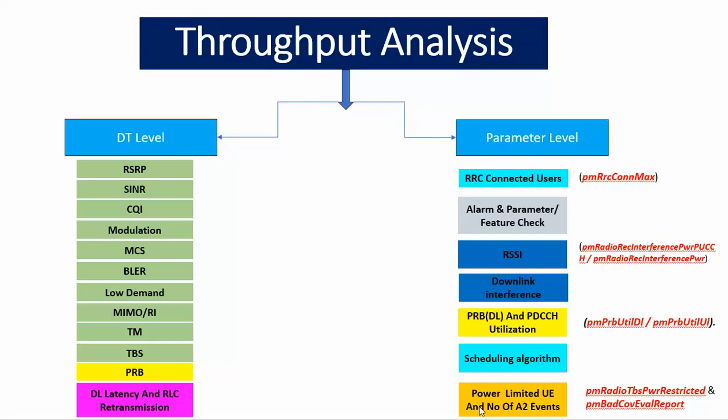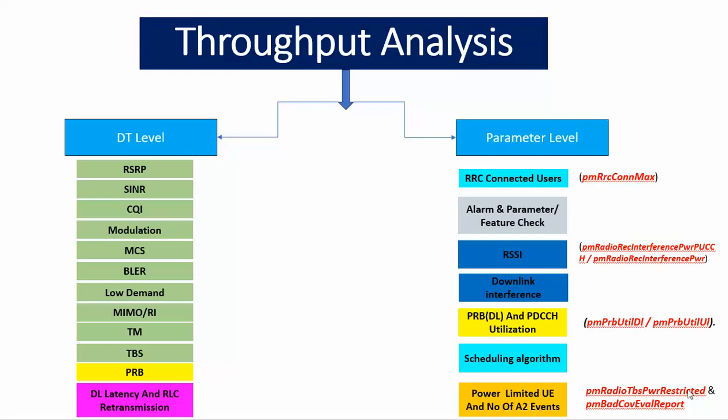Suppose A2 event is triggered when the serving cell becomes worse than a threshold. That means if A2 is reporting, coverage is getting poor at that time. So check directly whether A2 is triggered in a specific location and a specific site.